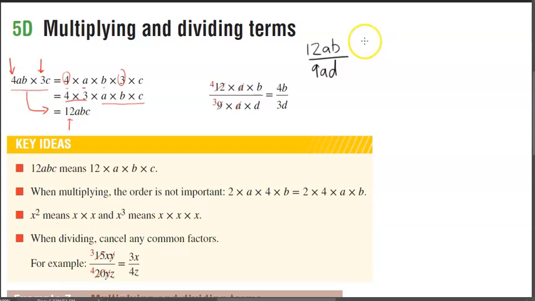Again, we just break this into two parts, but because we're dividing, there are different rules that get applied. The first one is we're going to look at this 12 over 9. This 12 over 9 can be simplified down to the fraction 4 over 3, because the highest common factor within here is 3. 3 goes into 12 4 times, and 3 goes into 9 3 times.